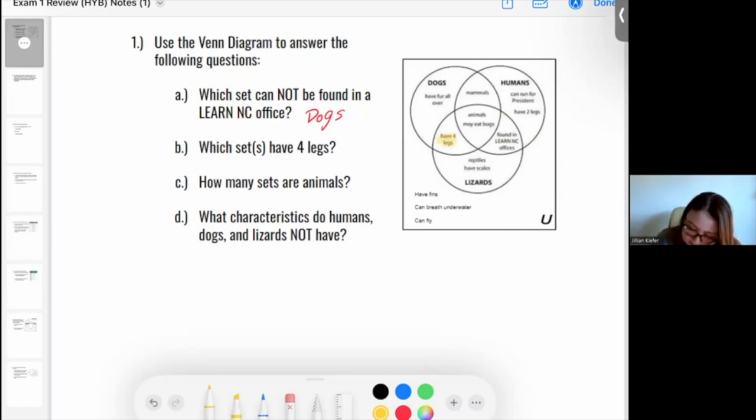So it's definitely in the lizards set, and it's in the dogs set. We do know that humans do not have 4 legs, so that definitely confirms our answer. So which sets have 4 legs? Dogs and lizards.